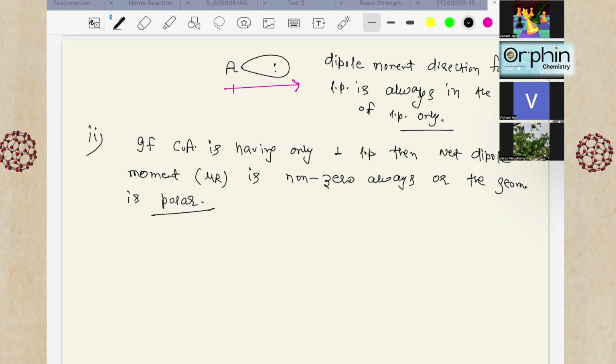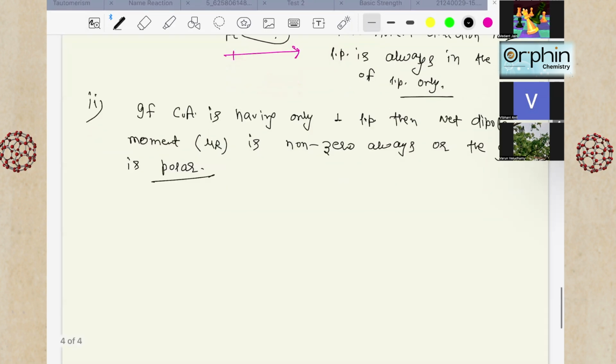If the net dipole moment is not equal to zero, that means the molecule is polar. Let us take an example here.